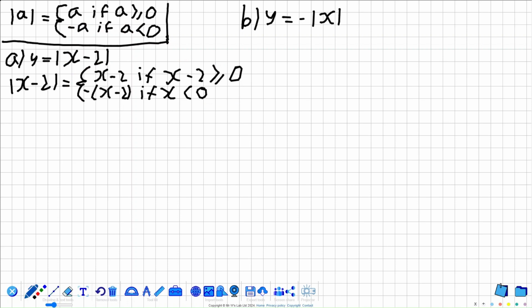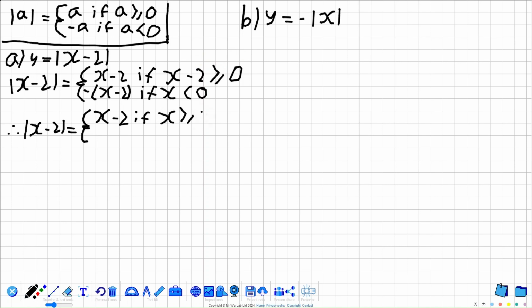So then we can evaluate this further, and just to make sure we're including all the information, x minus 2 equals x minus 2 if, and what we can do is move this 2 onto the other side here, and that'll give us if x is more than or equal to 2.